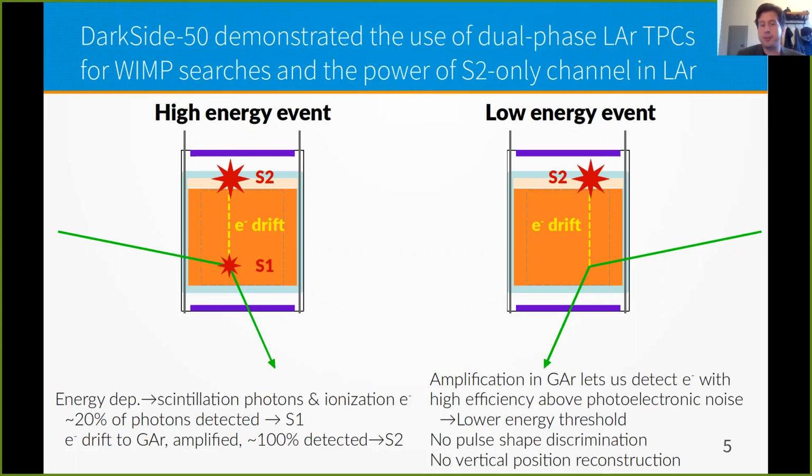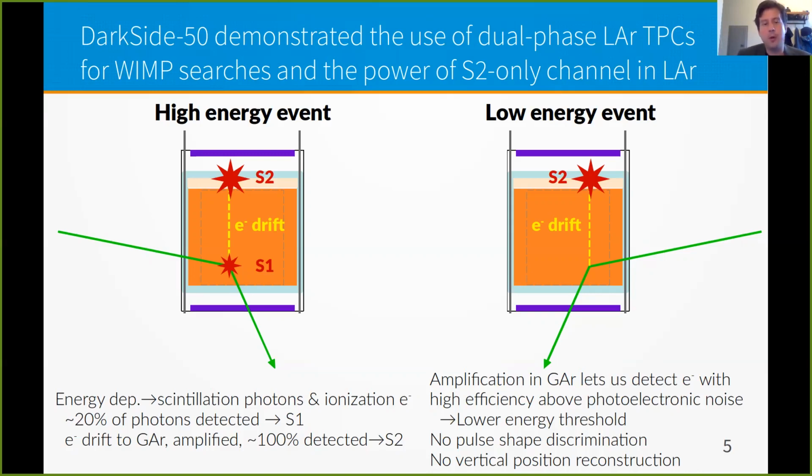Now, these primary scintillation photons are produced very quickly and manifest as the S1 pulse, and we detect about 20% of these photons that are produced, while the electrons will drift in the electric field in the TPC until they reach a gas pocket at the top of the detector, where a stronger electric field will amplify them into a much larger signal. So due to this amplification, we can detect nearly all of the extracted electrons, and they're well above the photoelectric noise, which means that we can detect them with very high efficiency and therefore achieve low energy thresholds.